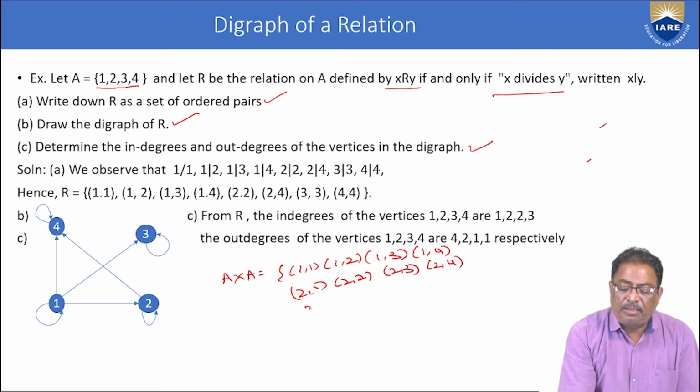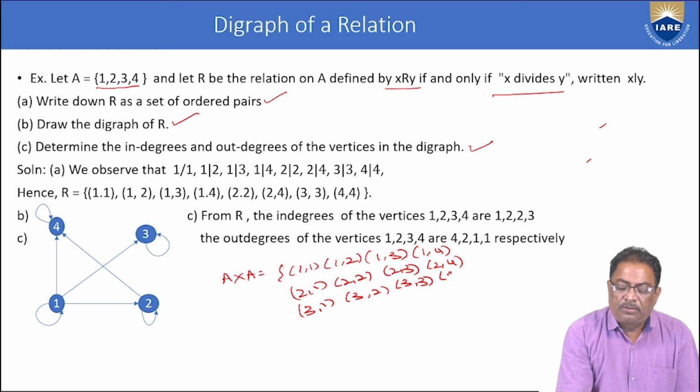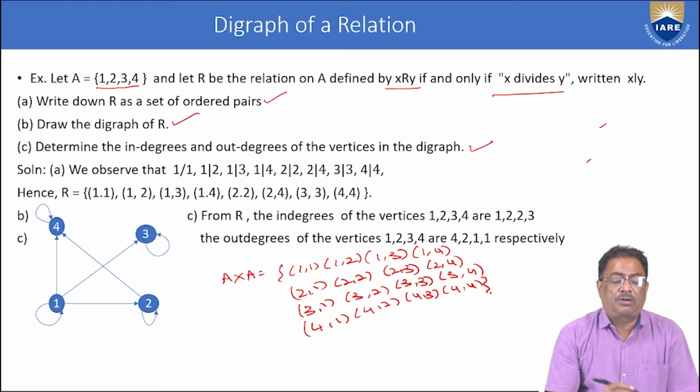Next 3, 1, 3, 2, 3, 3, 3, 4. And next 4, 1, 4, 2, 4, 3, and of course 4, 4. This is the ordered Cartesian product of A cross A.